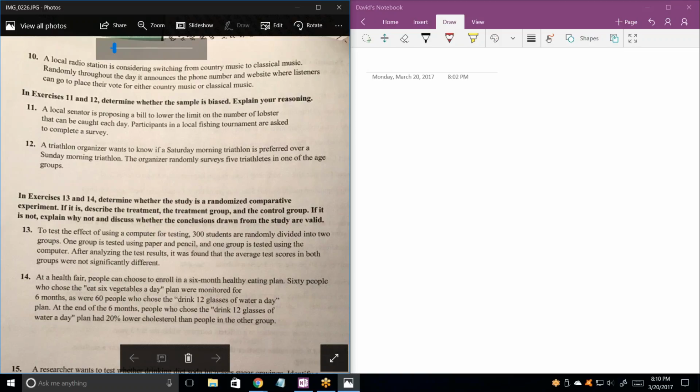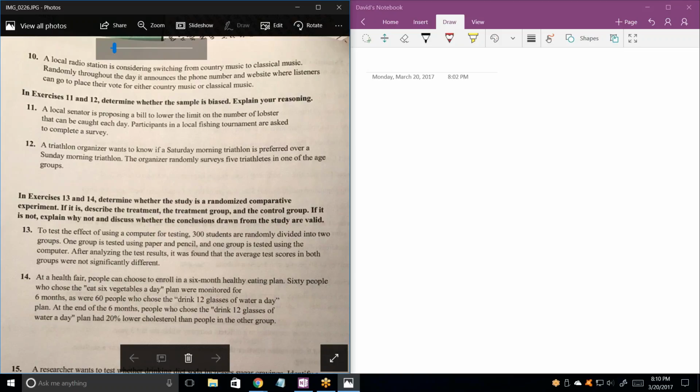I would say if the treatment is to test the effect of using a computer on testing, that's the treatment, which the treatment group is probably the 150 students who took the test on computer. Yeah. And the control group would be the 150 students who took the test using paper and pencil.